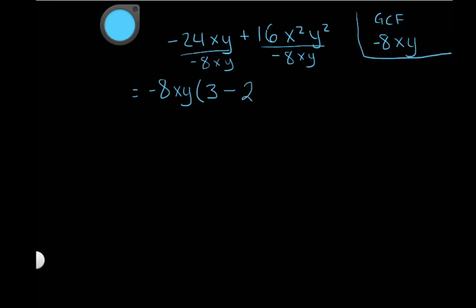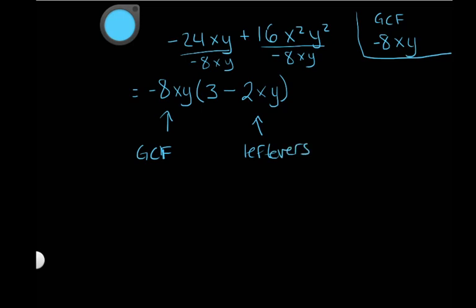Now I look at my variables. Remember that because I'm dividing, that means I subtract my exponents. So if I have x squared minus x, I'm just left with x. And y squared minus y, I'm left with y. This is my answer. Again, this was my greatest common factor, and these are my leftovers.